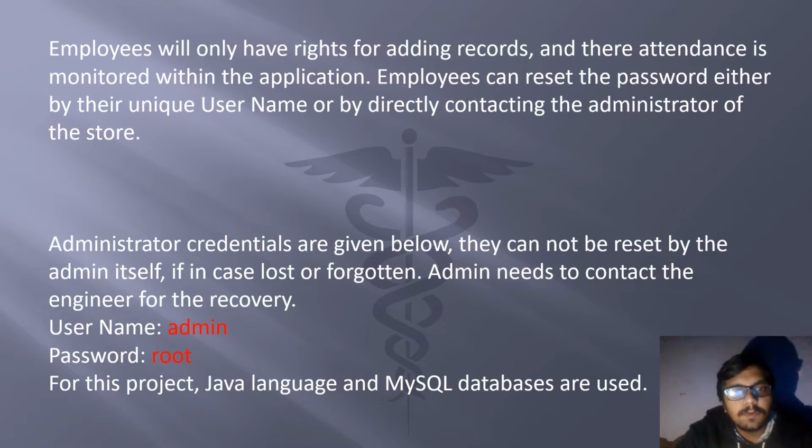If any employee forgets their username, they can reset it by contacting the administrator, or if they forget the password, they can reset it either by directly contacting the administrator or through the graphical interface, without hesitating to go directly to the administrator. So let's see how they manage the records and how the administrator manages the records in further slides.